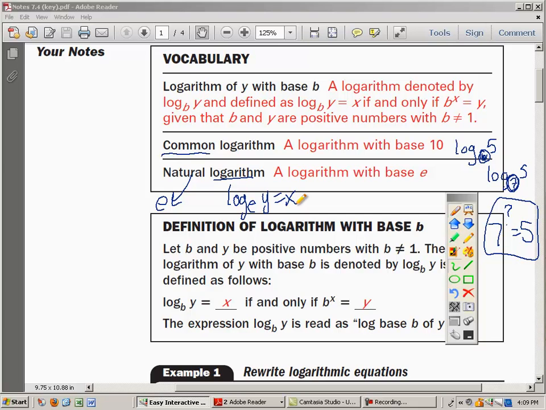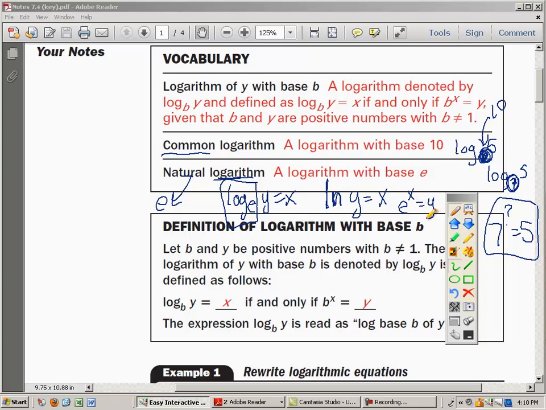From a notation perspective, because we already have a common logarithm with the base of 10, instead of using this notation here, we use the natural logarithm notation, ln. Natural log would be the other way around, but when you see ln, assume that it's log base e. So natural log of y equals x really means e to the x power is equal to y.